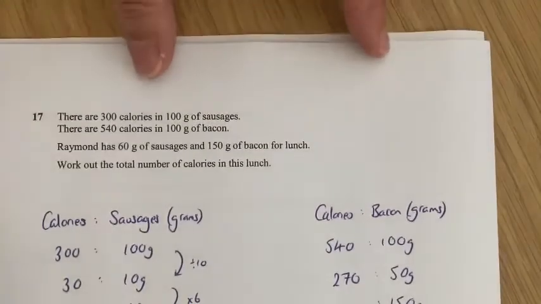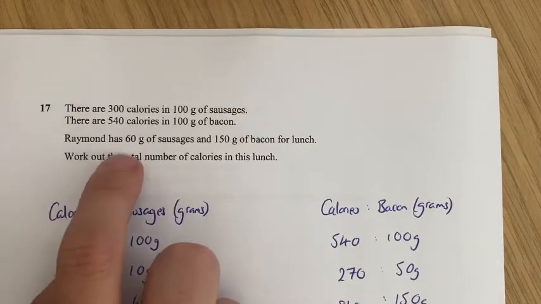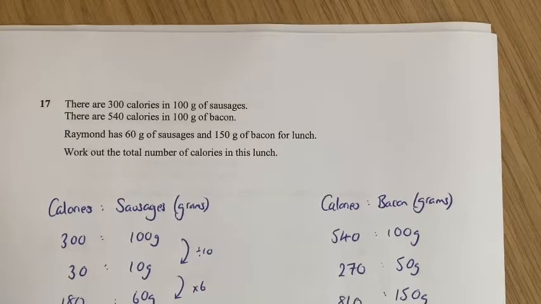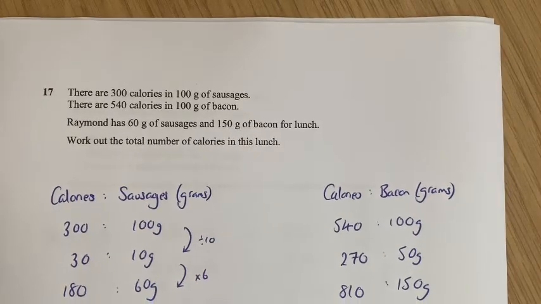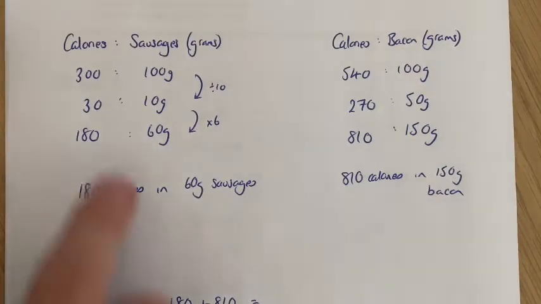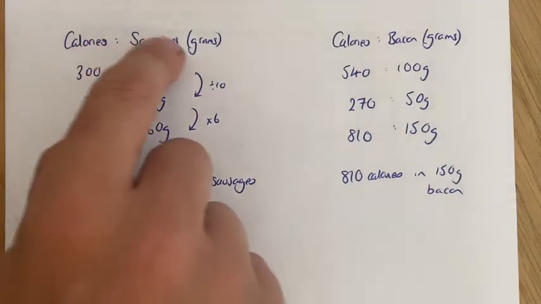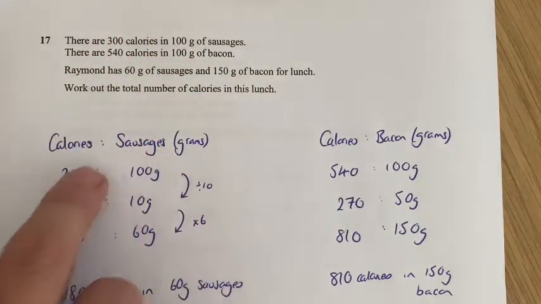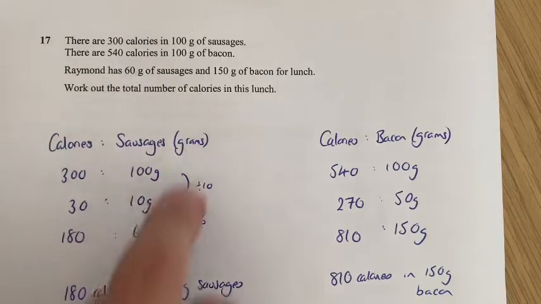Question 17. Again, this is one where there's a lot more detail spoken about in another video for this question, which you can find if you search for it in the playlist or on the channel. But you can see that, again, I've done it as a ratio, calories to sausages, 300 calories, 100 grams of sausages, and you need to put it as 60 grams of sausages.